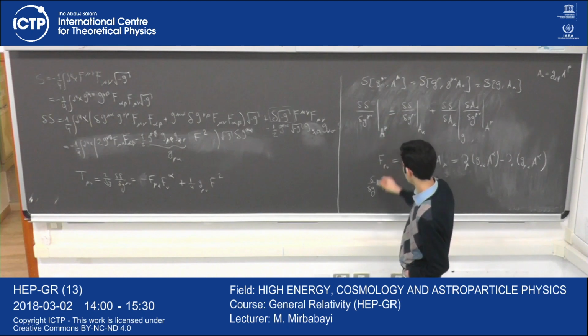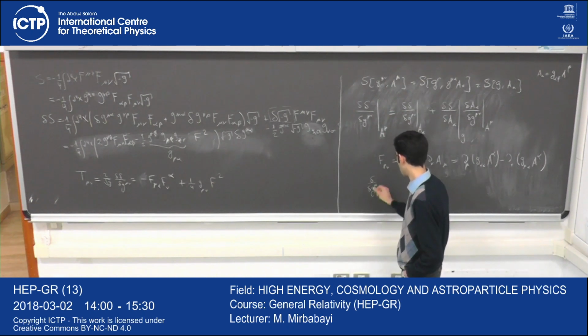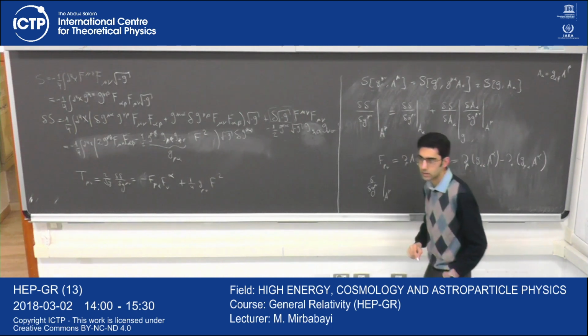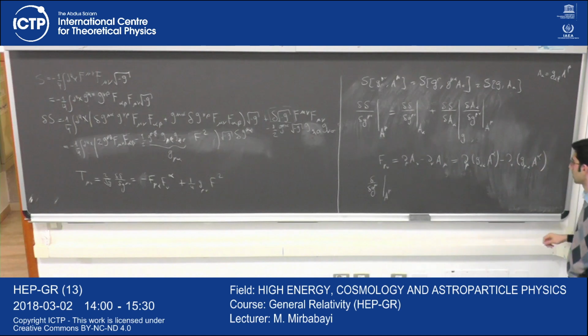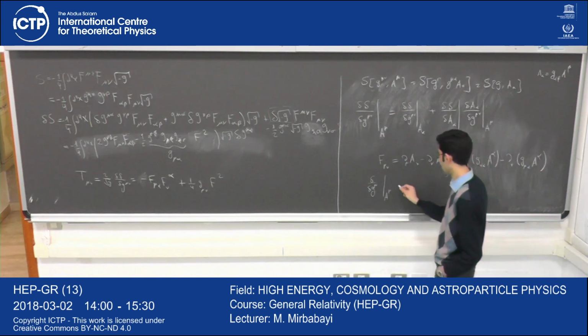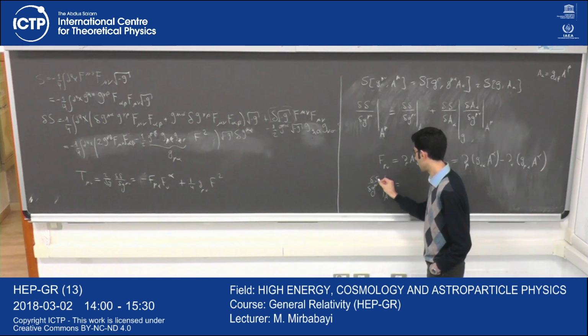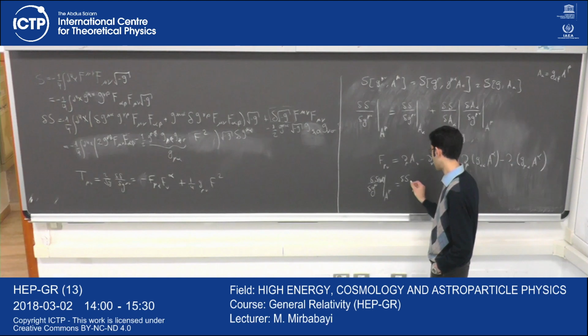So we want to ask this question: what is delta S by delta g mu nu when I keep A mu with upper index fixed? The way to do it is to take the variation of g and A with lower index.